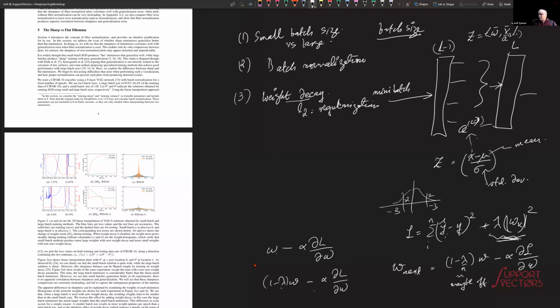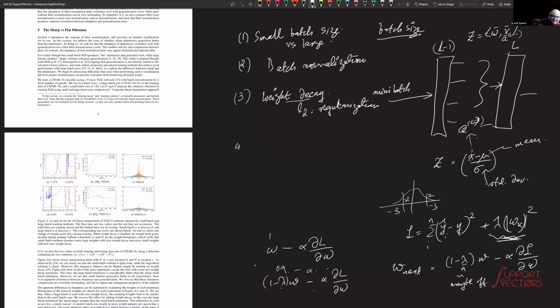So what does it mean? Suppose the initial weight was 1. Let's say that your lambda is 0.1. So you start with 0.9 and then you take the gradient descent step. That's why you shrink the weight first and then you take the gradient descent step. That's what it means to regularize in many ways, right? So weight decay was another technique we used.